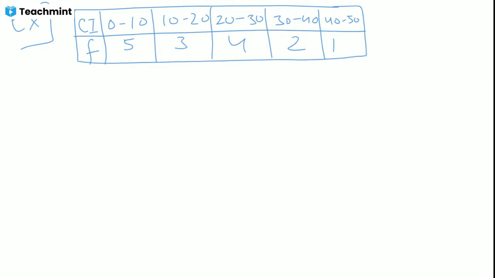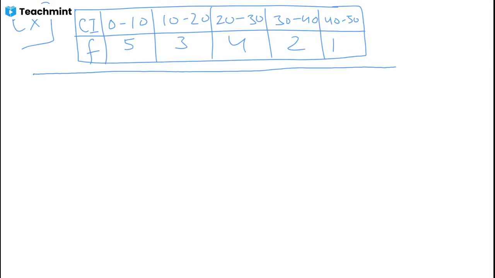We need to find its variance and standard deviation. To find these, we first need the mean, x bar. And to find the mean, we need x by using the class interval. So let us find it.